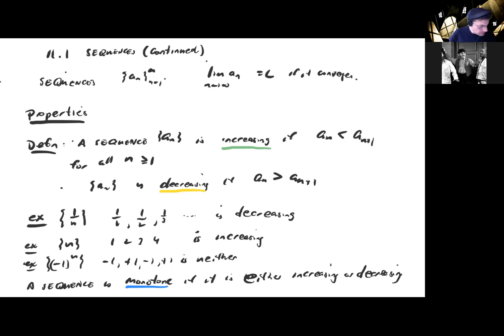Now, one problem you may be given is to show, using algebra or some other technique, that a certain sequence is increasing or decreasing. So let's give an example. An example would be n over n squared plus 1. Now, to get an idea of what's going on, adding 1 to the denominator for large values of n is really negligible.